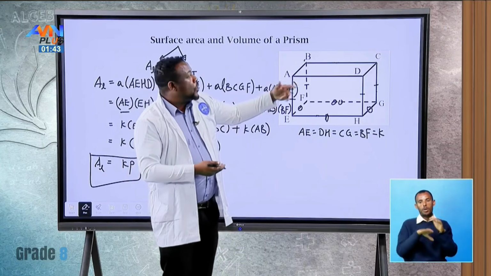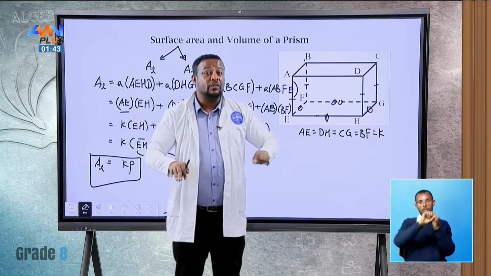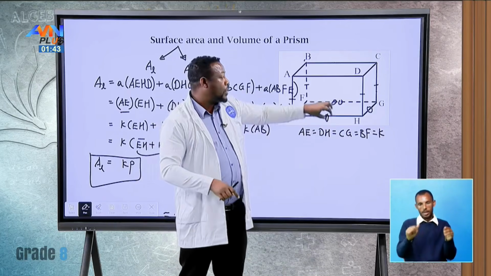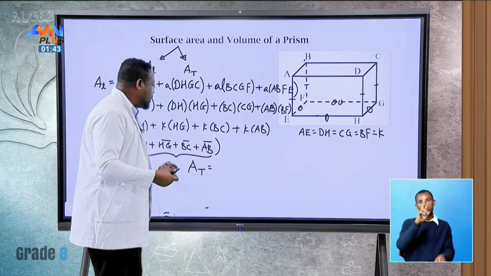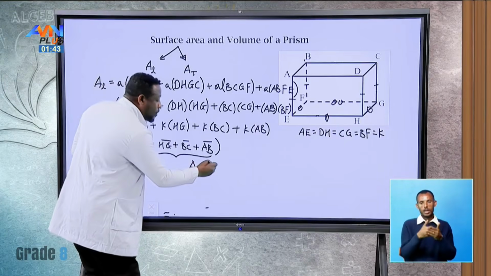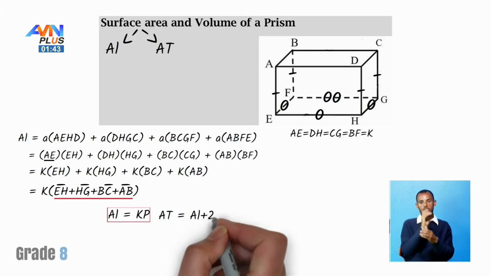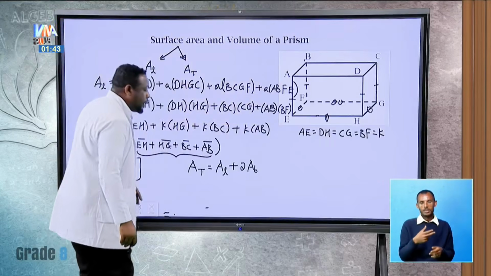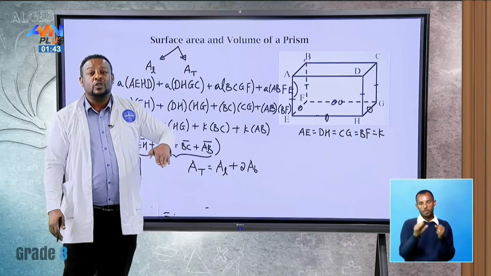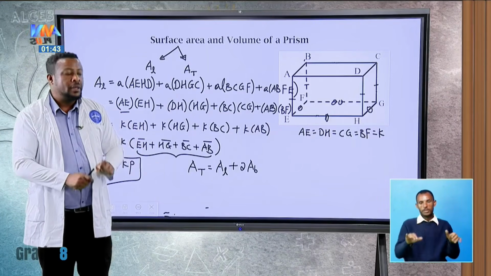Since the upper and lower bases are congruent for any prism, you can take one of the bases and multiply by 2. Therefore, the total surface area of any prism is calculated by the formula AL plus 2 times the area of the base.